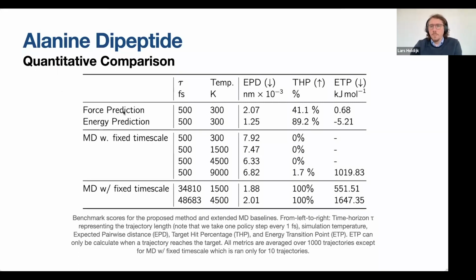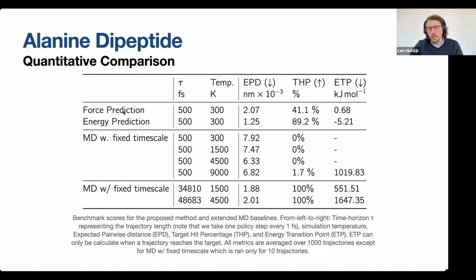For MD, as expected, and this is what I hinted at in the question from Samar, it's only when we really raise the temperature that we actually start finding transition paths. What I mean by transition paths is, do we find that MD can have simulation runs that actually end in the target state? Because before that, it rarely ever actually hits the target state.